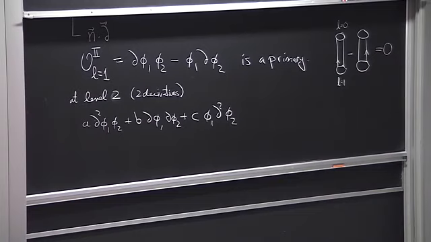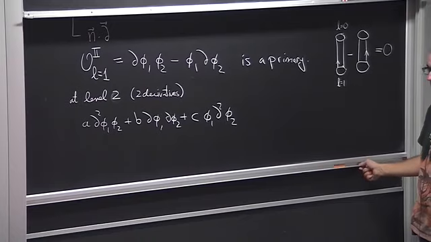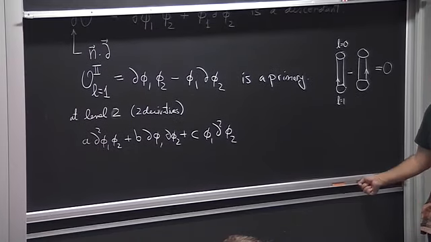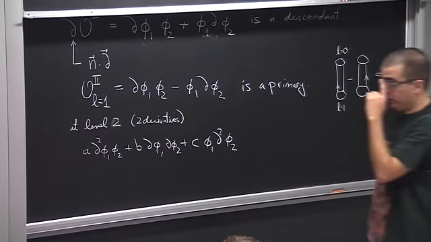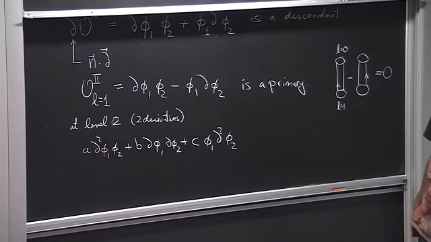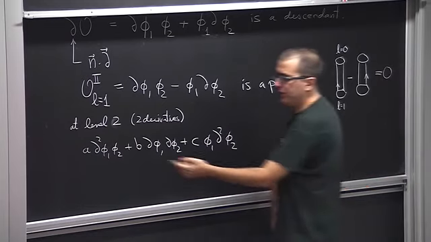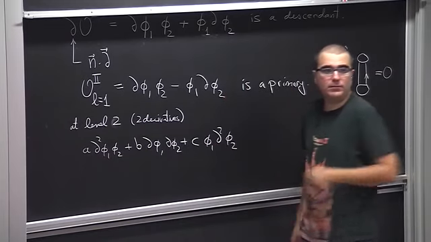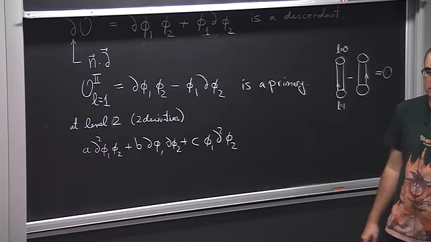You have to show that it has the right transformation properties and that it is killed by special conformal generators. So at level 2 we have two derivatives, and there are three structures you can write, with A, B, and C being the relative coefficients between these structures.